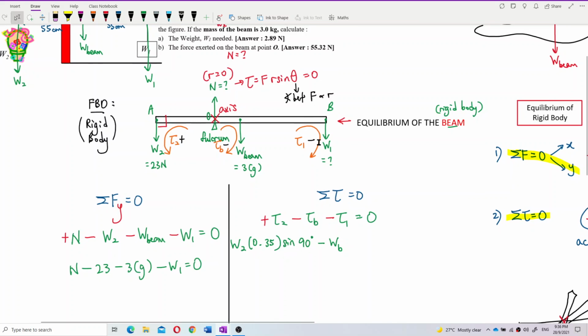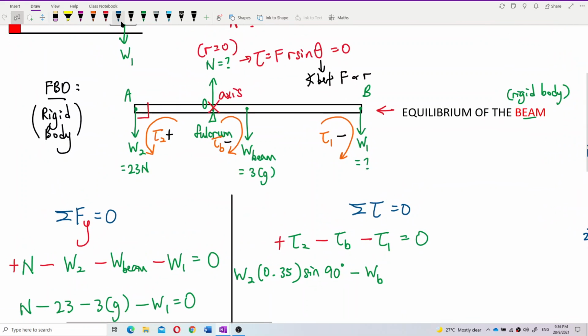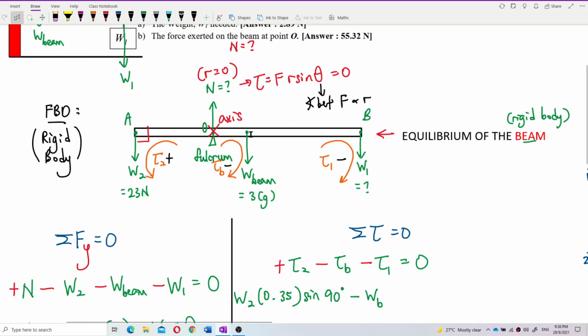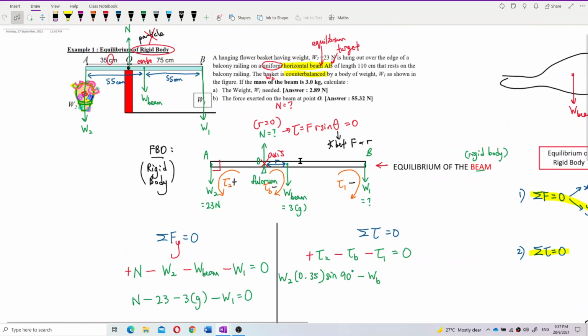How far is the distance? From the weight of the beam to the axis of rotation. So this is the distance. This is the R. Understand? So what is the R over here? Okay? How far is from the beam to this point? Okay, how far?